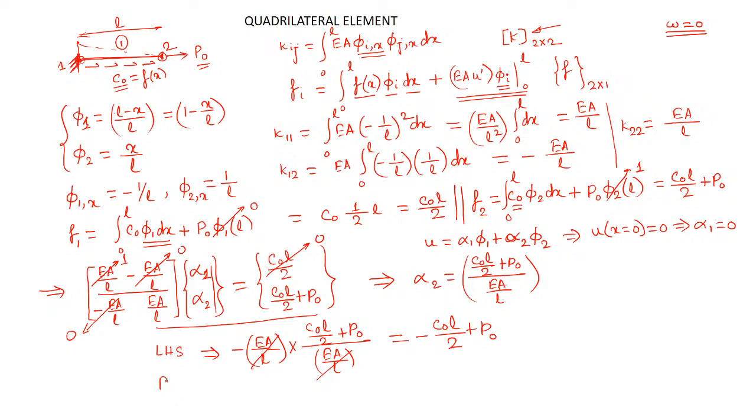Now what about the right hand side? Right hand side gives us C naught L by 2. I am talking about only the first row. Now what is right hand side minus left hand side?